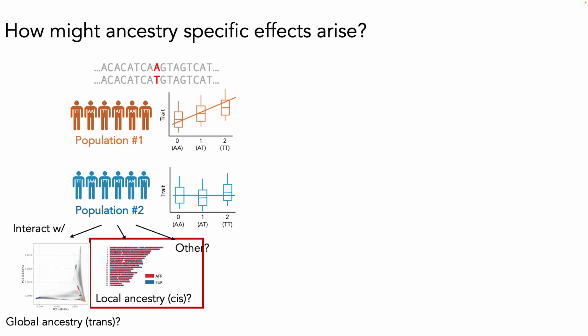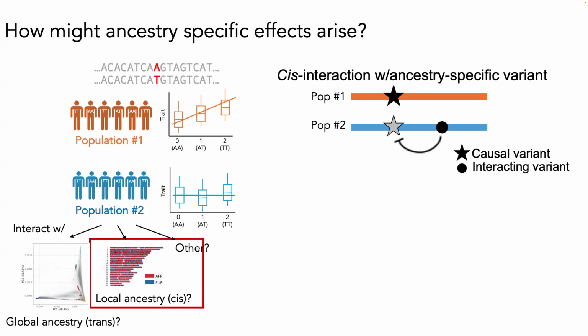We really could only come up with two different possible explanations for why local ancestry would even matter. One was maybe there's interaction between different variants. Here's the causal variant that's driving whatever trait I'm interested in, but population 2 has some other variant over here that interacts with it and makes it look like there's a different effect because there's an interaction between those two variants.